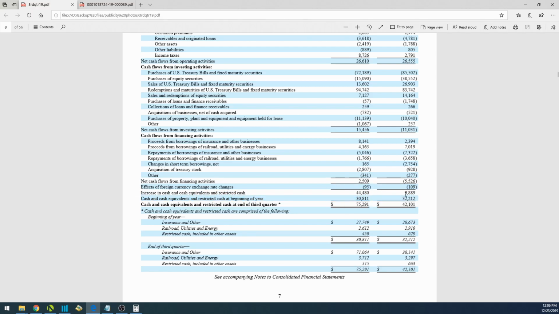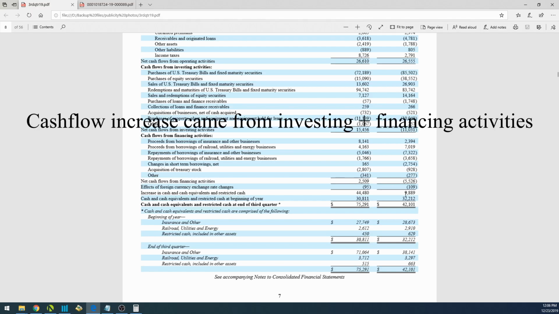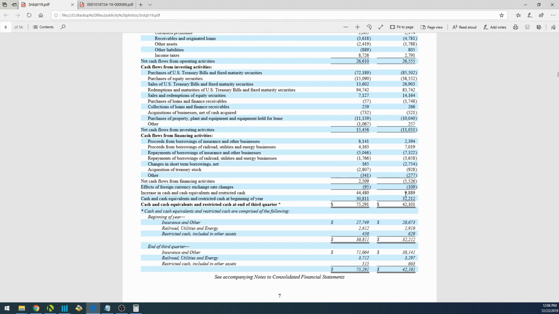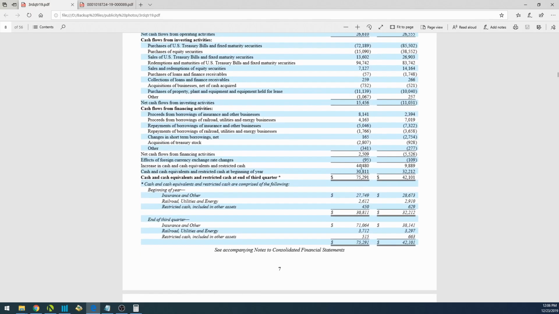So that's how for this year Berkshire Hathaway had such a big gain in cash flow, mainly from their investing activities and also from their financing activities, because their operating activities didn't give them any increase in cash flow. While in the beginning of the year, their cash amount is about the same.